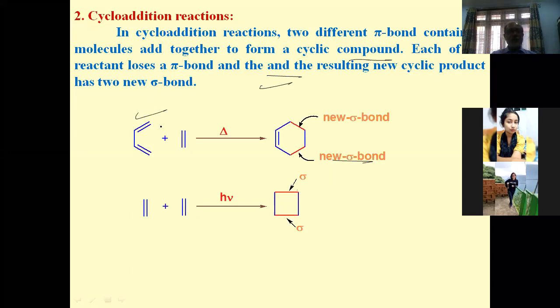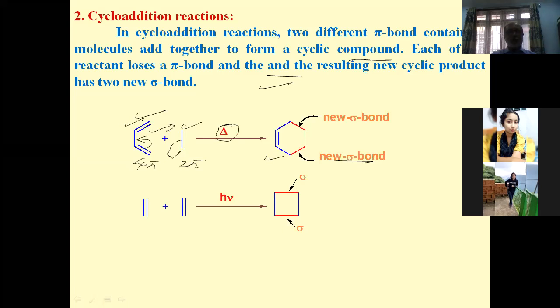In this cycloaddition reaction, this is a 4 pi system and this is a 2 pi system, and the reaction takes place thermally. The two of them add together. You can show it this way also. So this is the addition of a 4 pi and 2 pi system, giving a cyclohexene.